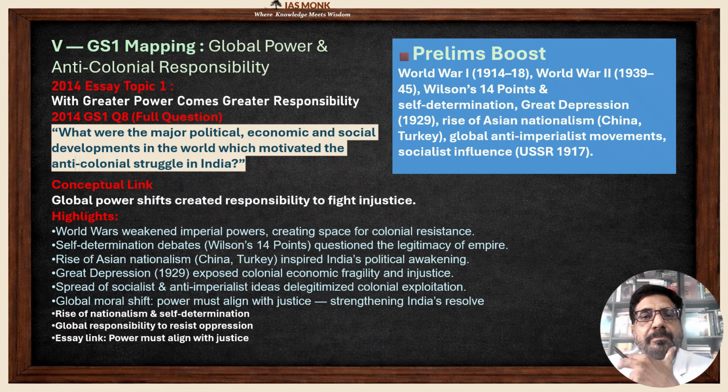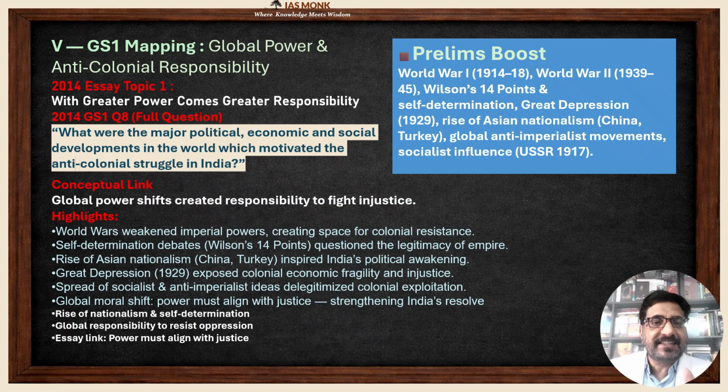See, global developments during those times, the world wars, rise of nationalism, economic crisis, all these exposed the irresponsibility of colonial powers, that is British powers. This inspired India's anti-colonial struggle.